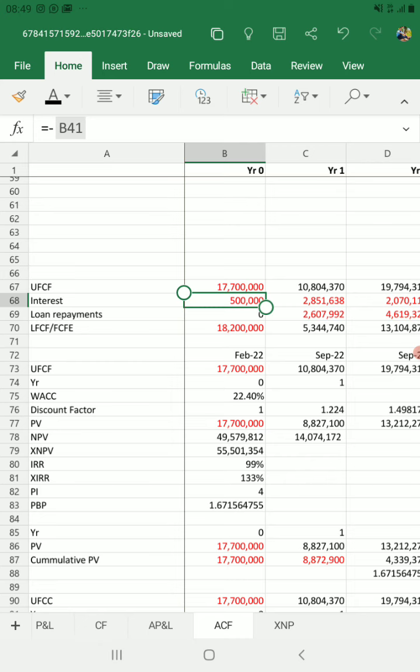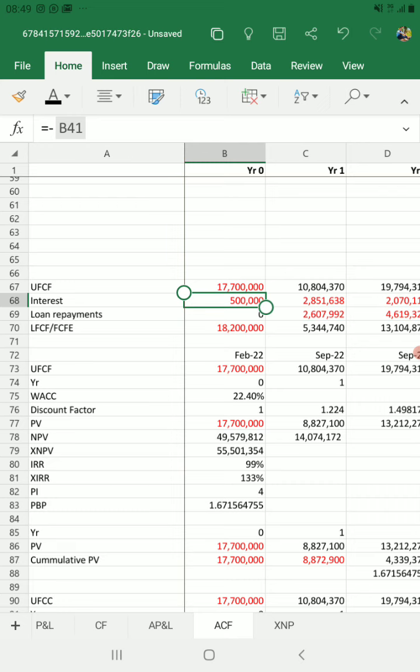So there is this cash flow that is generated by having the interest component because of the tax shield it has.